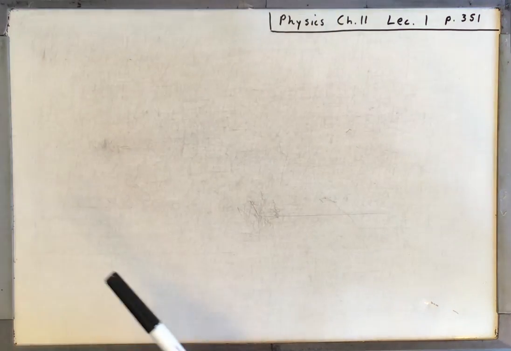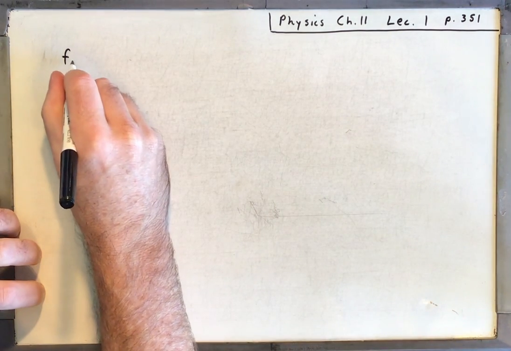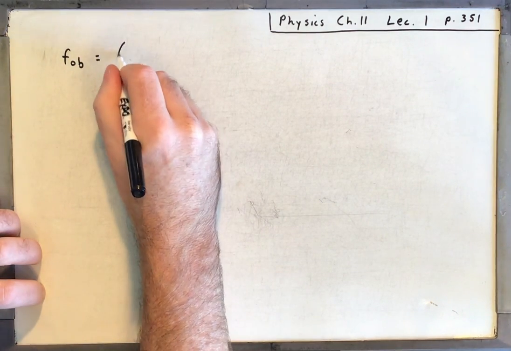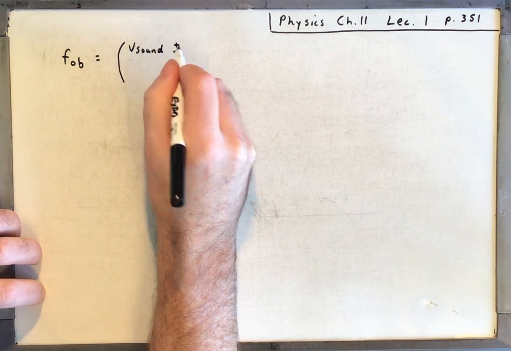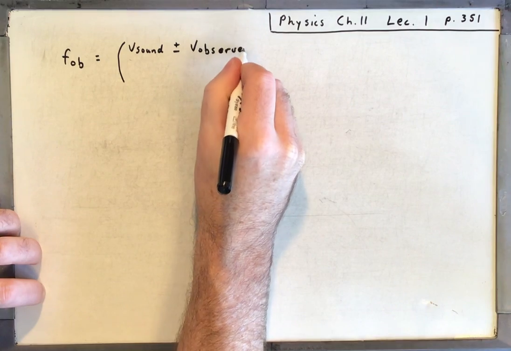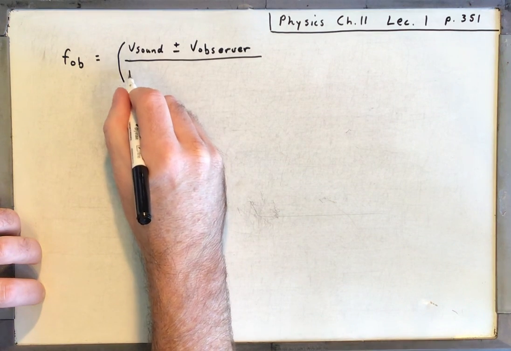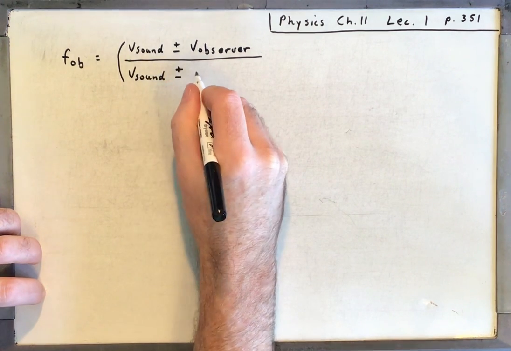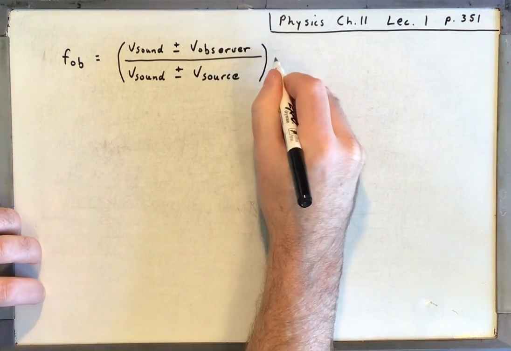So I've got a little space for the Doppler effect equation, and that is the frequency observed. Frequency observed is equal to the velocity of sound plus or minus the velocity of the observer, and I'm going to write these words out fully this time, but not from now on, over the velocity of sound plus or minus the velocity of the source times the true frequency.